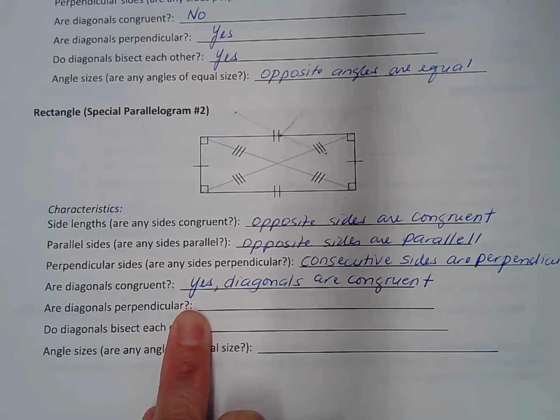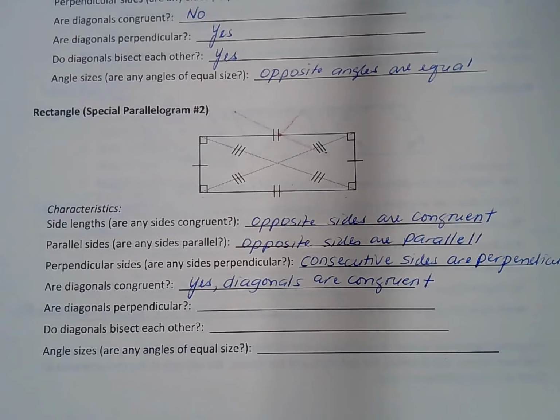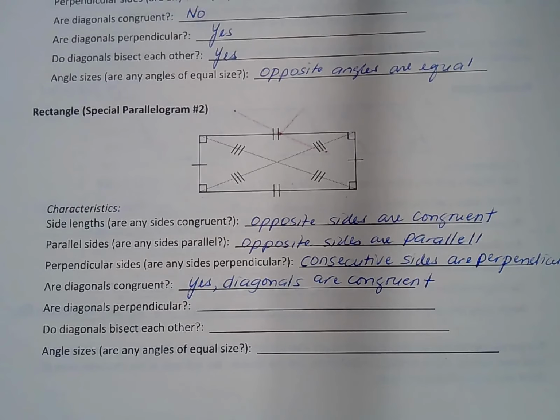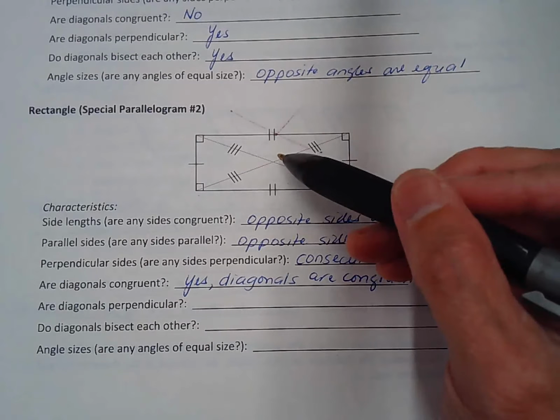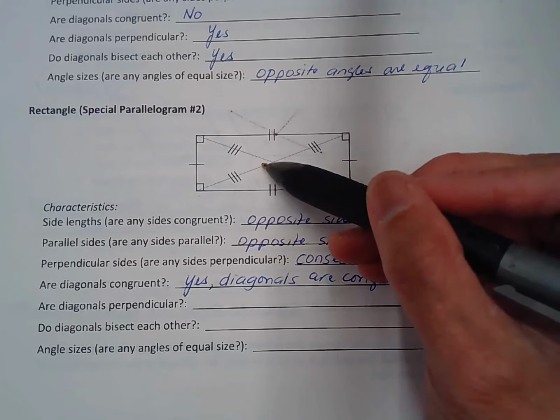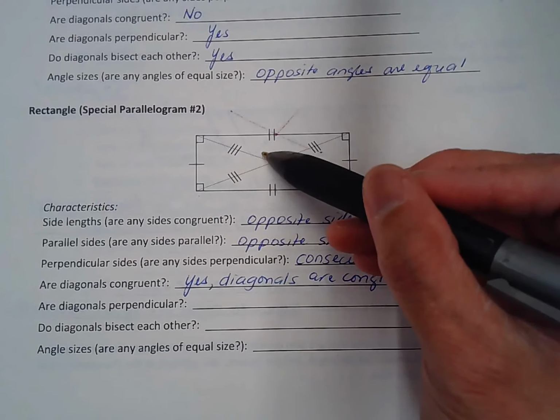In a parallelogram it's not, but in a rectangle it is. What about diagonals? Are the diagonals perpendicular? Do they make 90-degree angles? Do you see a 90-degree angle around here?